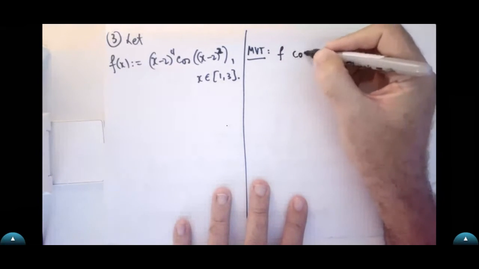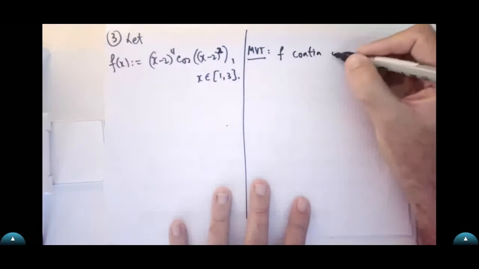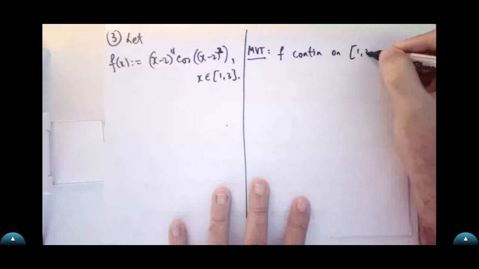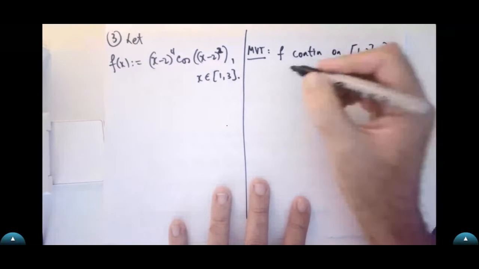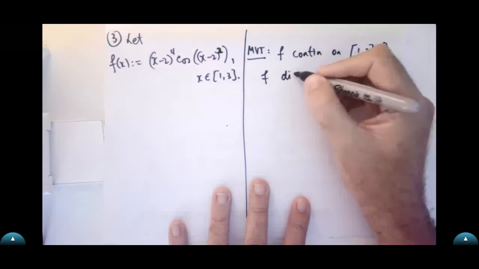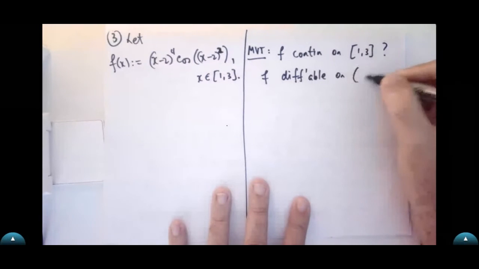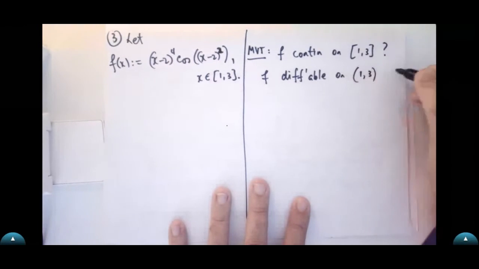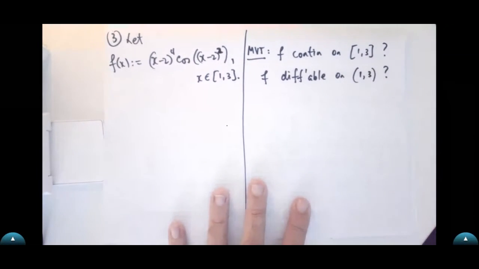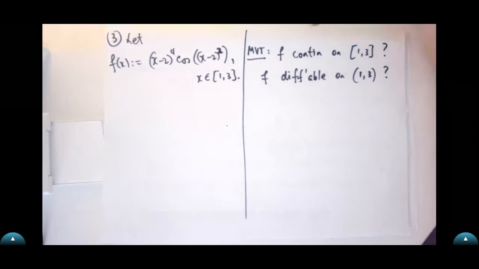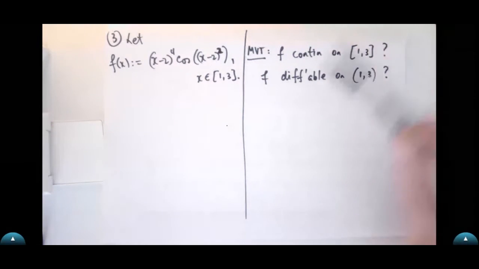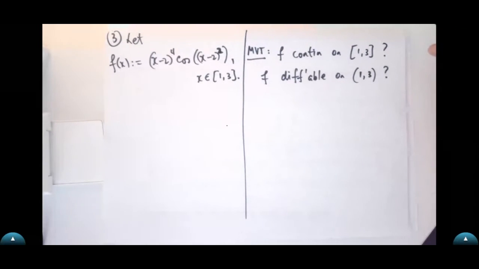The first question you ask is this, and the second question is this. So is f continuous on this interval? Is f differentiable on this interval? Now obviously from the graph that we put up before, both of those things are true.